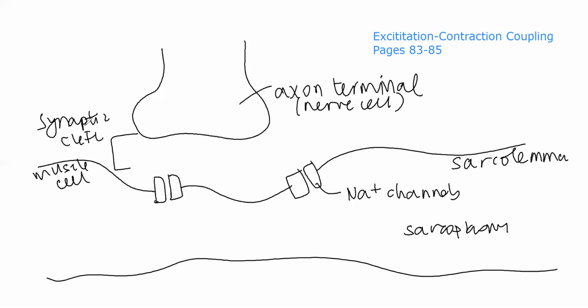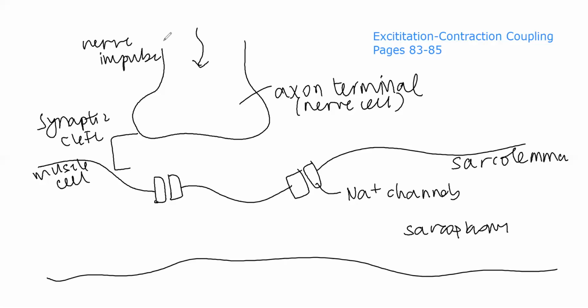Okay, so when the axon terminal wants to stimulate the nearby muscle cell, you see we've got a problem. That axon terminal can't tap the nearby muscle cell and say, hey, time for you to do a contraction event. So instead what we have to do is use a chemical messenger to travel across that synaptic cleft and notify that muscle cell that now's the time to contract. So we're going to start with an action potential, which is just fancy language for a nerve impulse that travels down the length of that axon terminal.